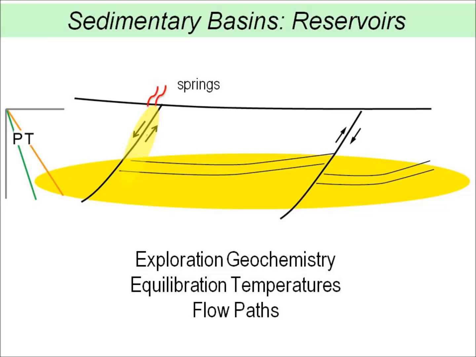So there may be springs coming up to the surface, providing indications of this deep fluid, and albeit modified by cooling or water-rock interaction, there may be constituents that give us clues about the possibility of this deeper geothermal resource. I'll try to touch on an example at the end.